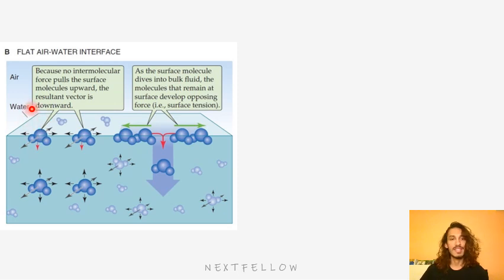So in the air and water, the difference comes at the interface. Because of that, the net pull is going to be inside. Consider that there's a bulk fluid and part of it goes like this, then that will result in opposing forces developing here. So that is your surface tension that develops.